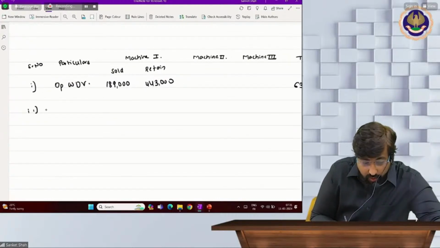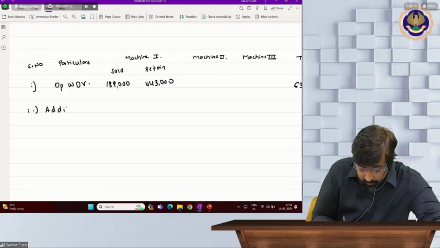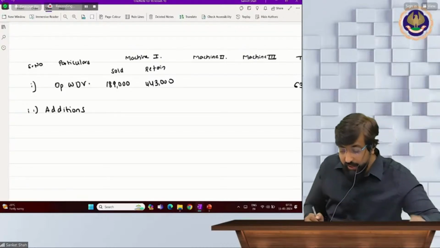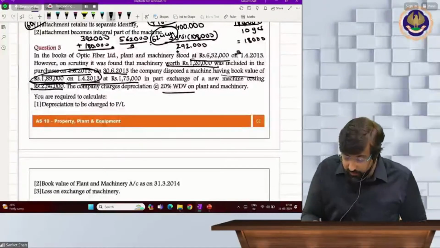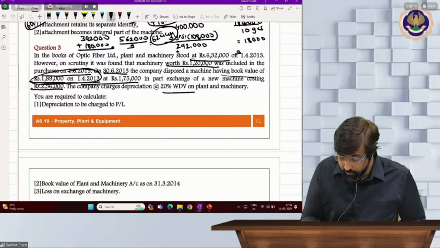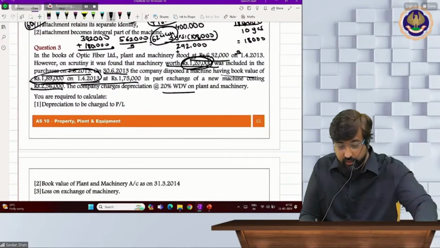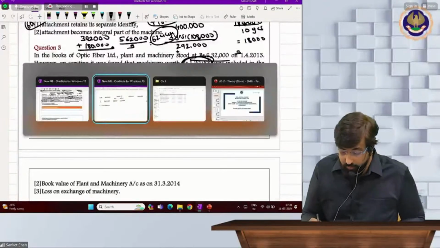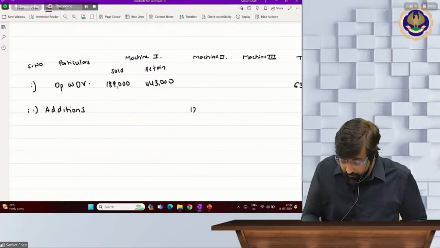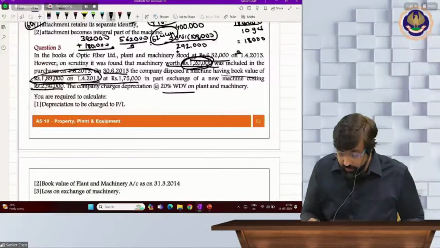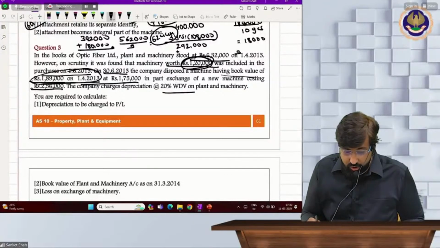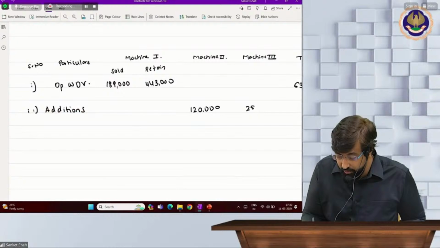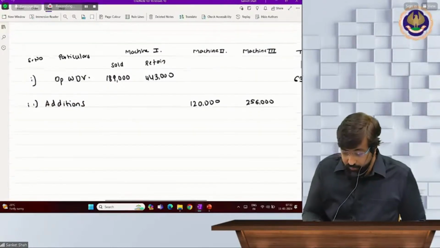Then you have additions. One addition you purchase, this is machine number 2, 1,20,000. And one in exchange, you got the new machine, 2,56,000, machine number 3.